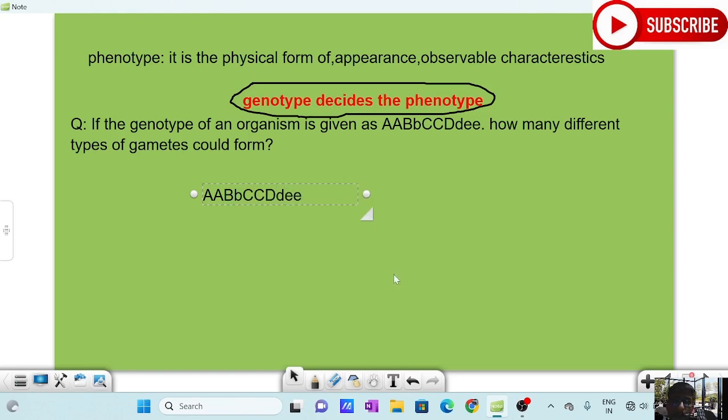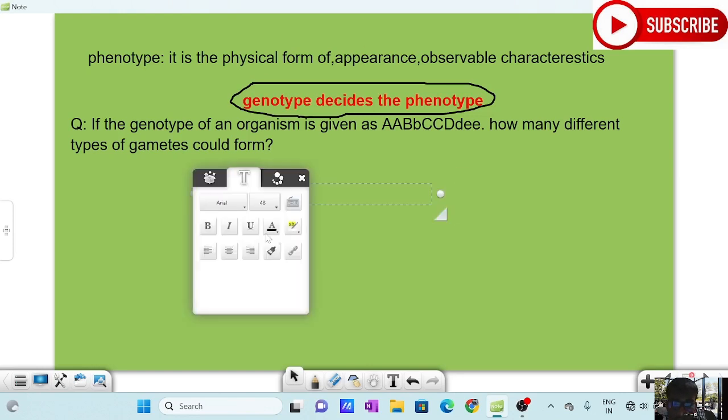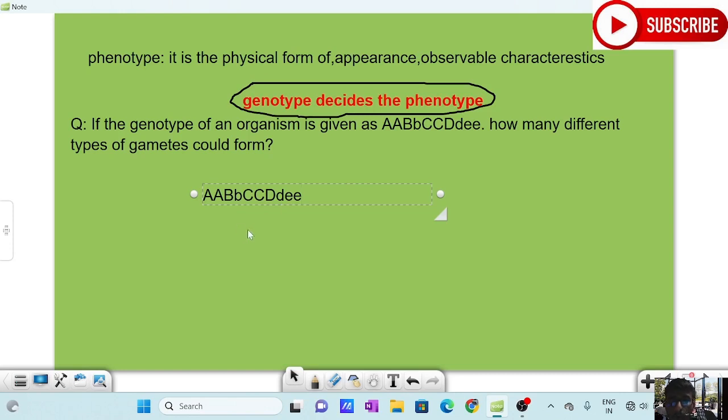If you are visualizing this, you can see how many different types of genes are there: 1, 2, 3, 4, 5, right? A gene, B gene, C gene, D gene, and E gene. There are 5 genes.